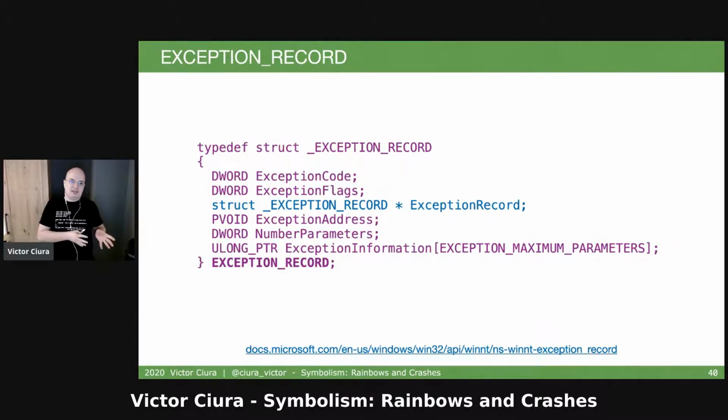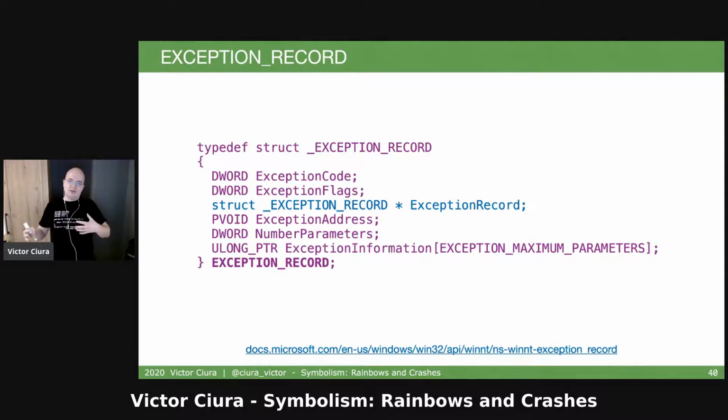First, let's see the exception record, because we already used some of the fields in there, but let's see what's in there, really. So you do have the exception code, the flags. We already see that this is a linked list of exception records. This is mainly how it's treated for x86 architecture in Windows. For 64-bit architecture, the model is a little bit different.